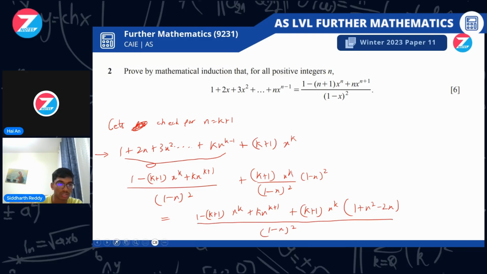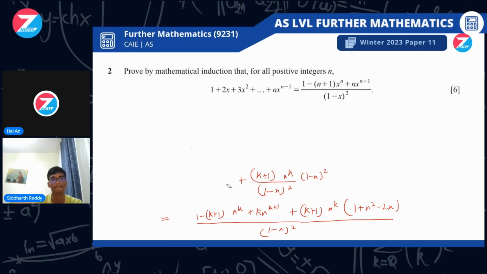I'll erase this top statement, but you should leave it in the exam. You should write it in the exam. I'm just erasing it because I don't have space. Let's expand this part basically. So 1 minus k times x to the power k minus x to the power k again plus kx to the power k plus 1 plus, and let's not expand this part, just multiply the 1.